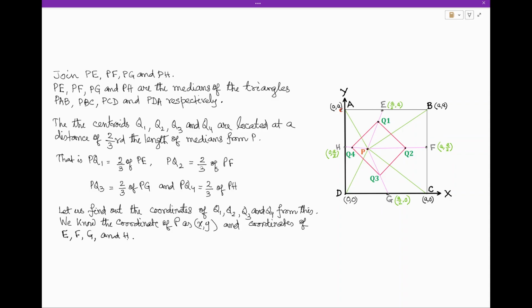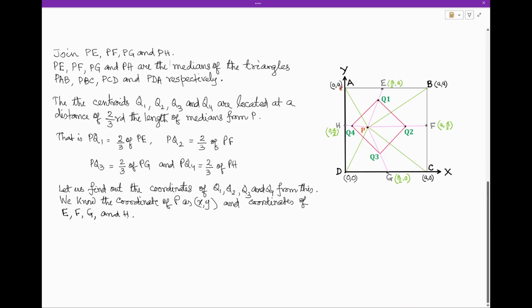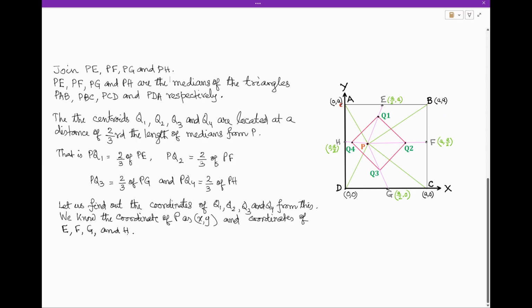Now these lines PE, PF, PG and PH are the medians of the triangles APB, BPC, CPD and DPA respectively. The centroids of these four triangles are always located on the medians at a distance which divides the median in the ratio of 2/3 to 1/3.